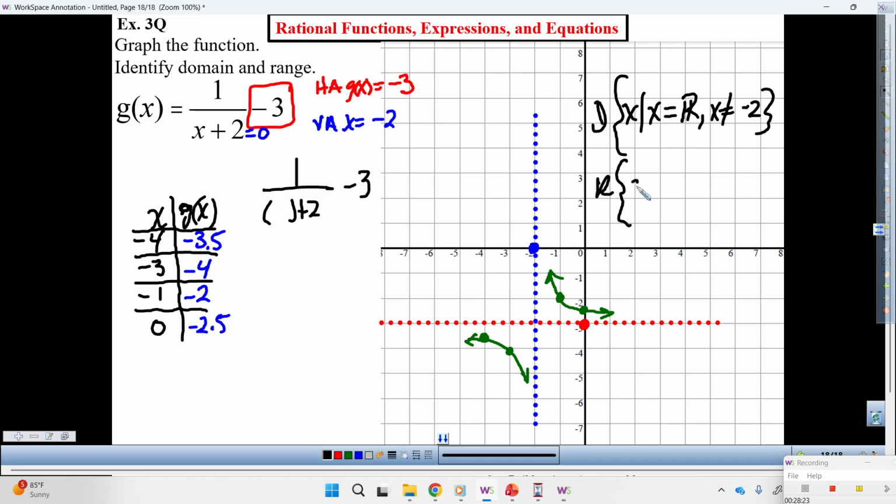Range. G of X such that G of X is equal to all real numbers. Look at it, going from the bottom to the top, except for which value, everyone? -3. So G of X cannot equal -3. Send that in, please.